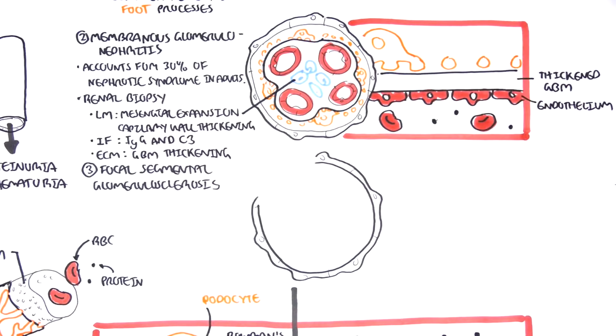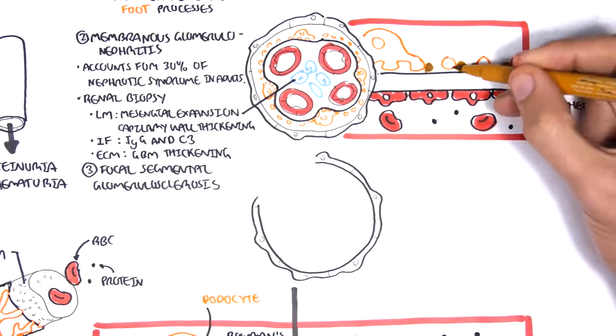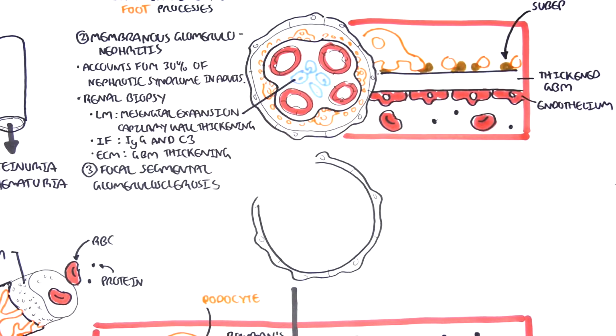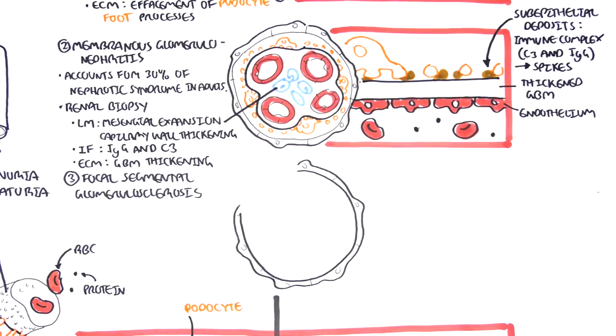Then surrounding the glomerulus there are subepithelial deposits of immune complexes formed by, as mentioned, complement 3, C3, and IgG. These are termed spikes because they look like spikes on electron microscopy. So they deposit here, filling in the spaces within the glomerulus, forming these spikes.